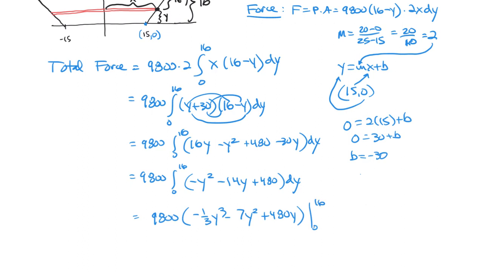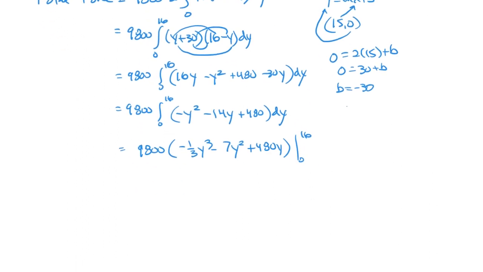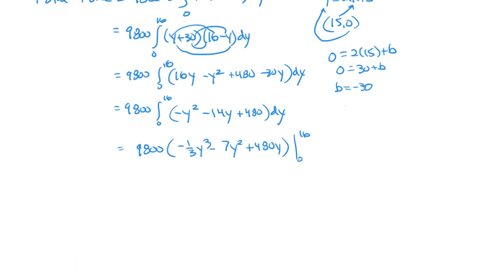So let's do another step here. We can see the 0 is not going to really do anything for us, but we will get 9,800 negative 1/3 times 16 cubed minus 7 times 16 squared plus 480 times 16 minus what we get when we plug in the 0, but the 0 will have no effect on it.